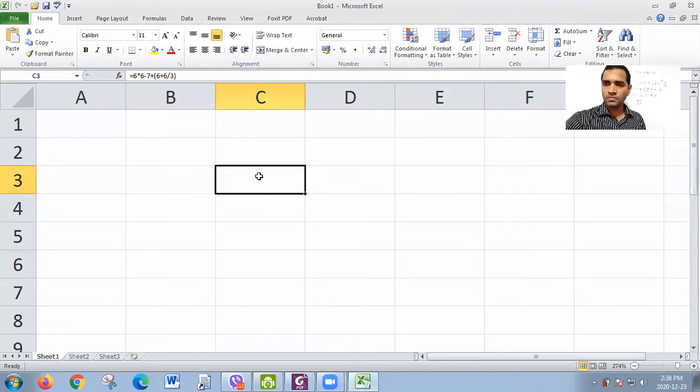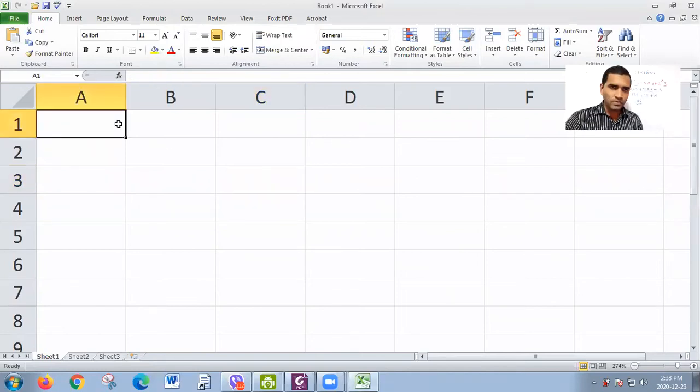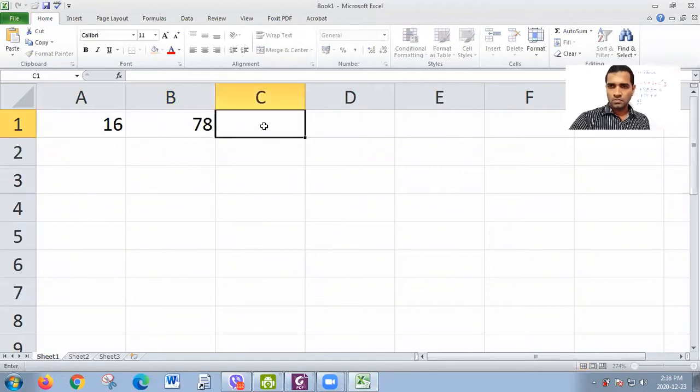Have a look at this. I just want some data for applying the formula, so let me type some data there. I randomly type some numbers.